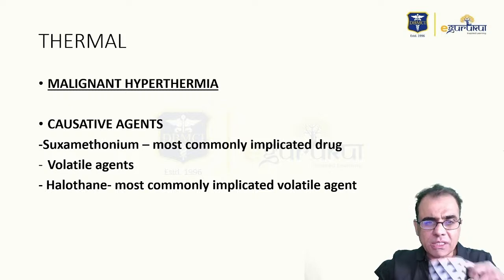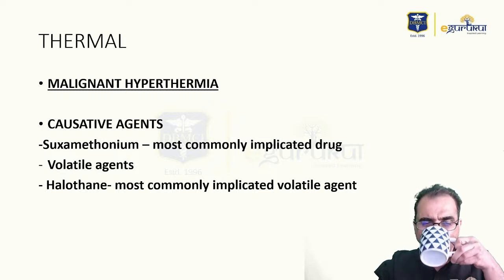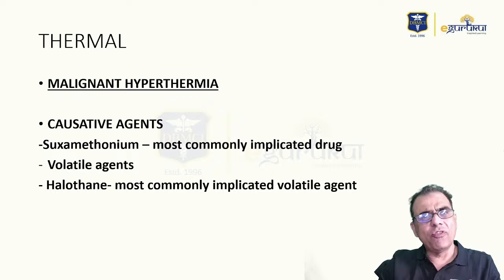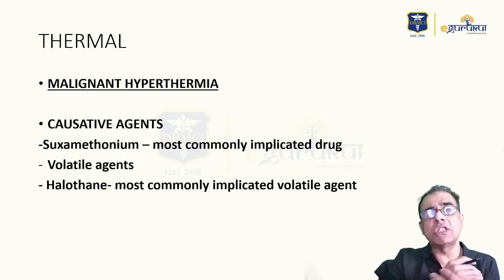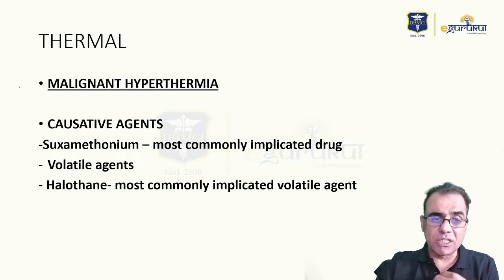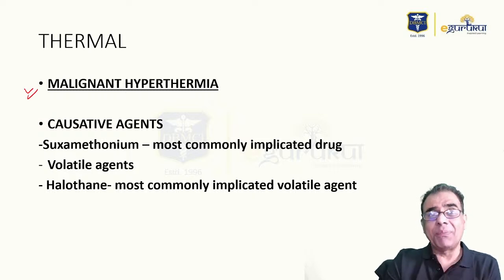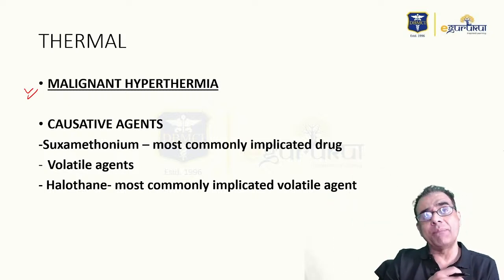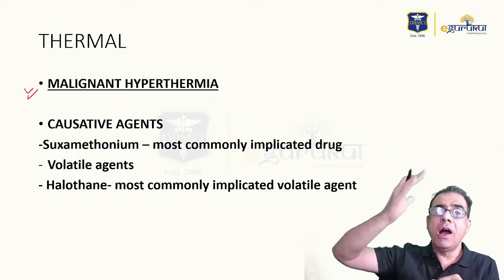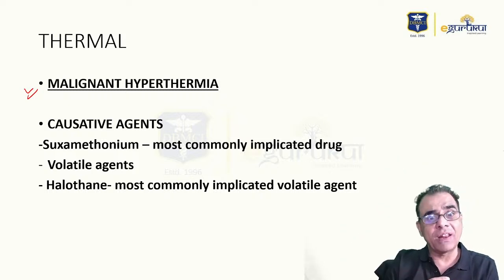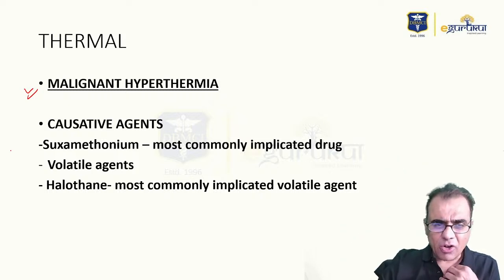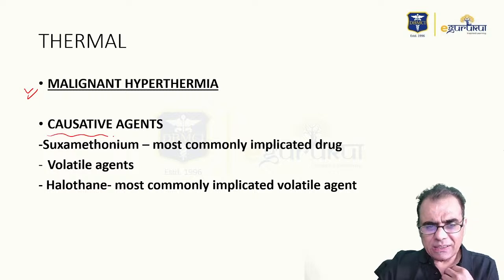Thermal complications. One thermal complication, which is rare but can be disastrous, is malignant hyperthermia. As the name suggests, in malignant hyperthermia the patient develops a rapidly rising, very high temperature. Temperature can even go to 108, 109 or 110 degrees Fahrenheit.